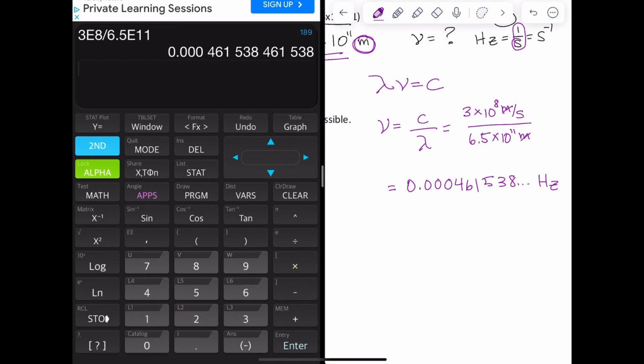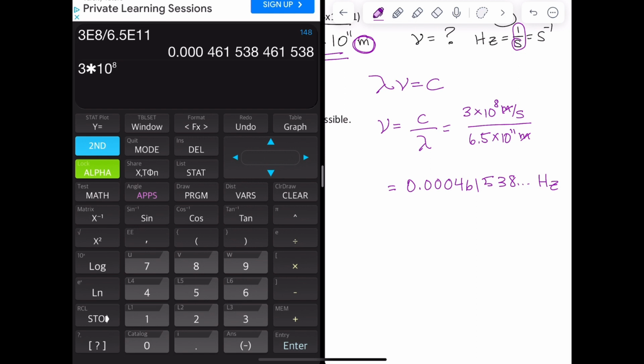You might also plug it in as 3 times 10 raised to the, I'm trying to find that button. Oh, there it is, raised to the 8th, divided by, whoops, now I need to, shoot, 3 times 10 raised to the 8th.